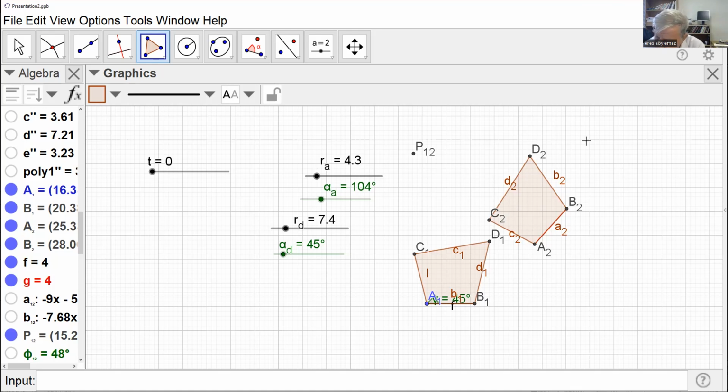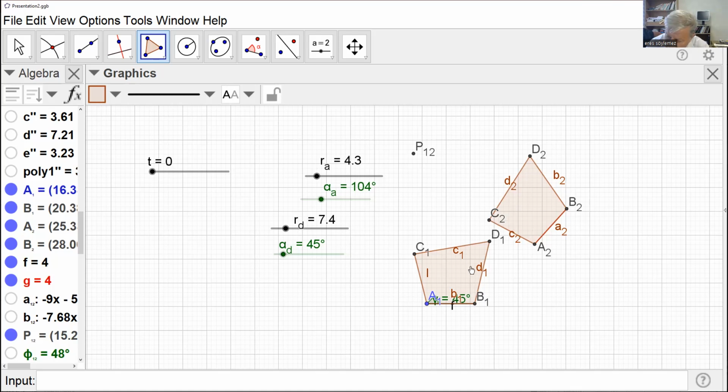C and D, I'll call circle points, and the corresponding center, I will call fixed pivot or center point, because it is the center of the circle described by C or described by D.